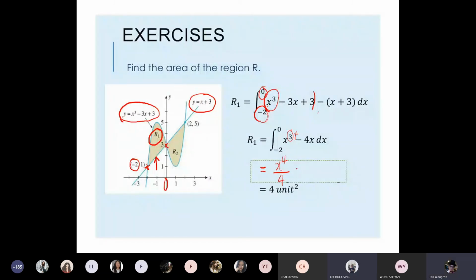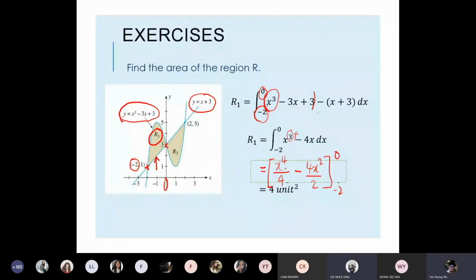Then for 4x, the power 1 plus 1 is 2, divide by 2. Okay, thank you.